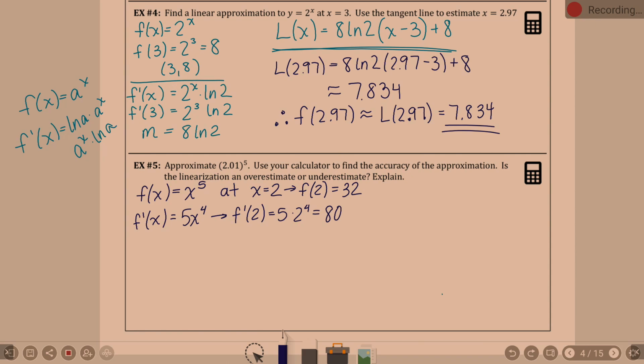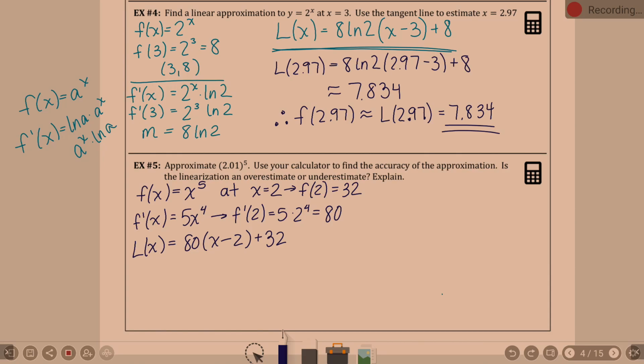Okay. So if we're writing our linearization, which basically is the tangent line, the slope of 80 times x minus 2, and then plus 32. Okay.